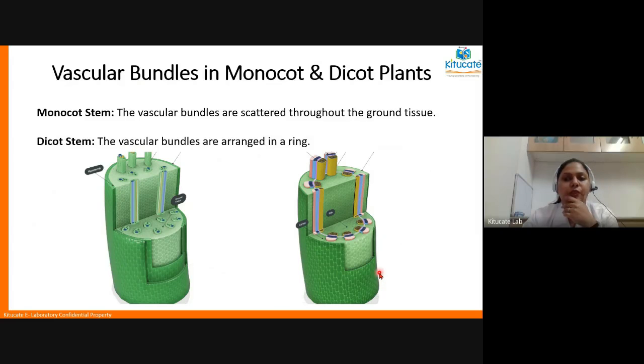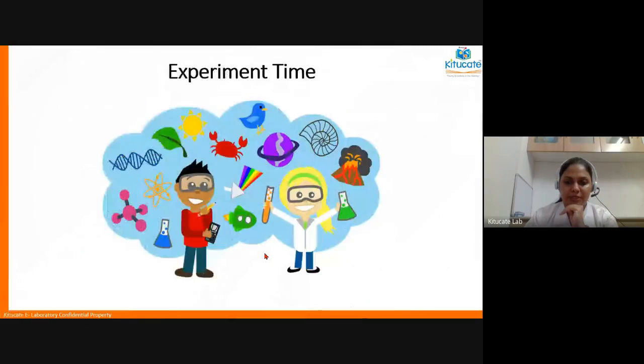So if you have a plant and you don't know whether it is a monocot or a dicot plant, you can take a cross section of the stem, observe it under the microscope, and you will be able to say whether that stem is of a monocot plant or a dicot plant. Clear? This slide is clear to everyone? Yes. Okay, now let's move on to the experiment.